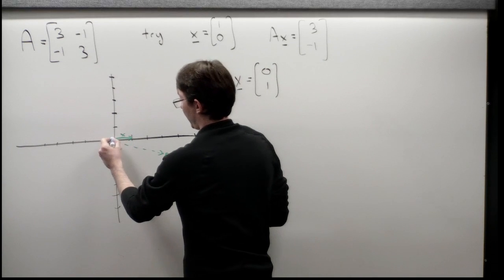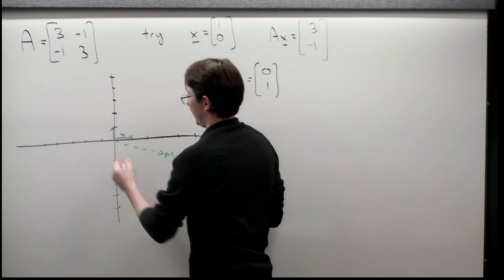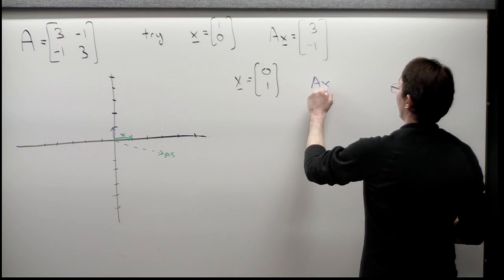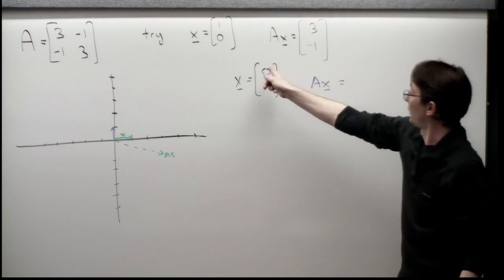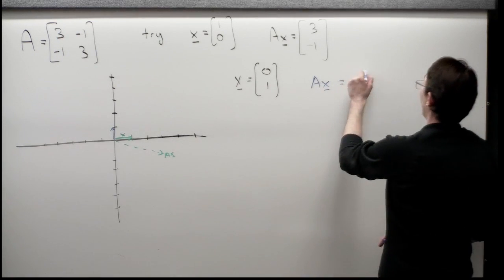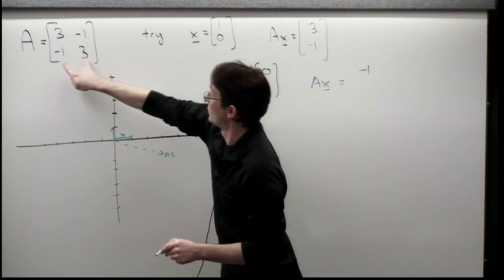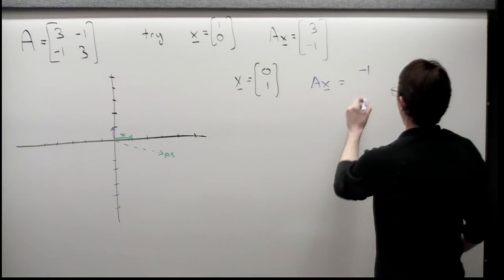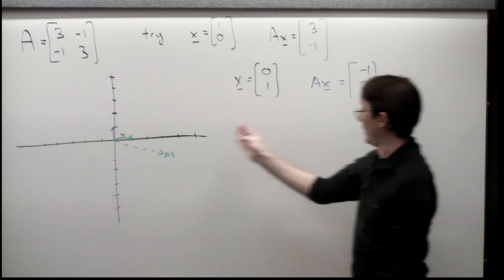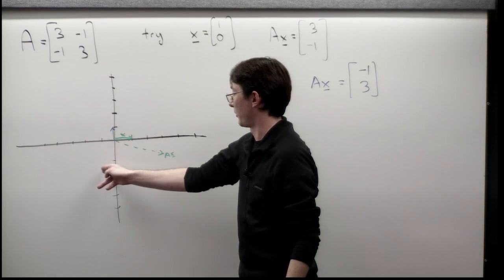That's a vertical vector. And what is A times this x? If I multiply 0, 1, I get negative 1, and I get a positive 3. So now I go left 1 and down 3.